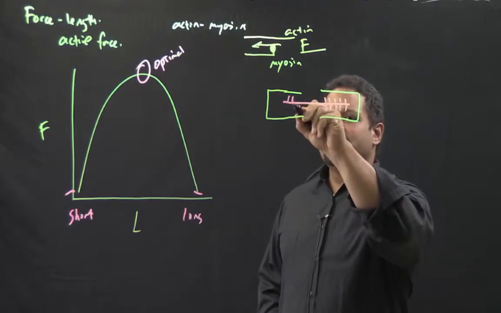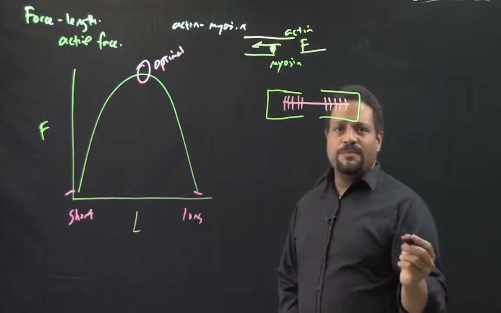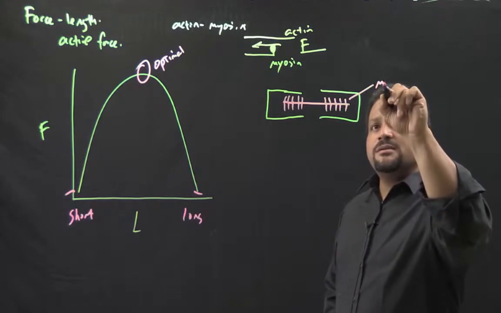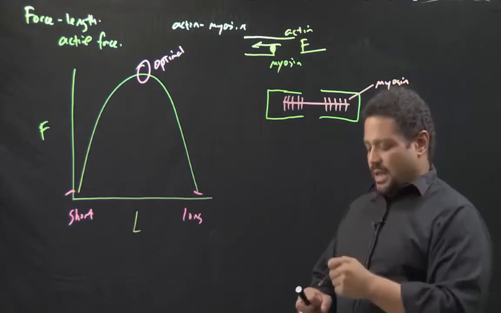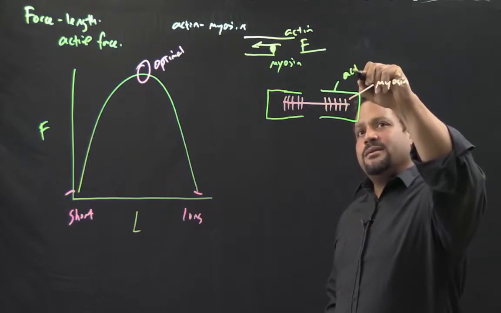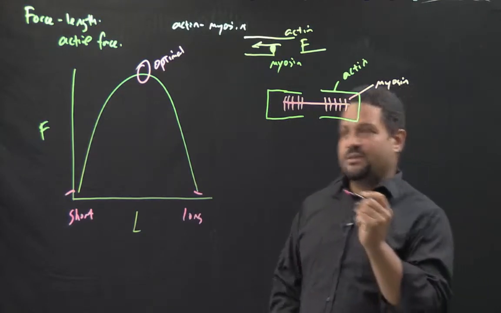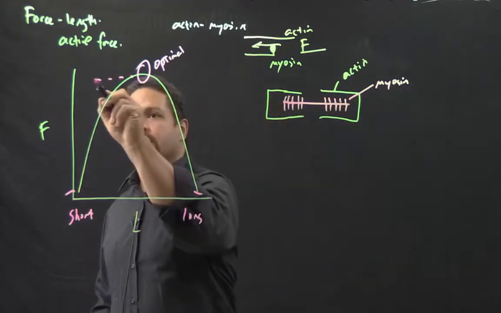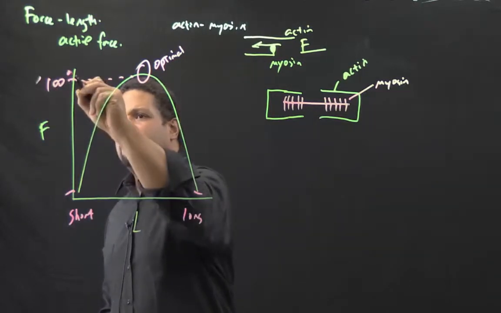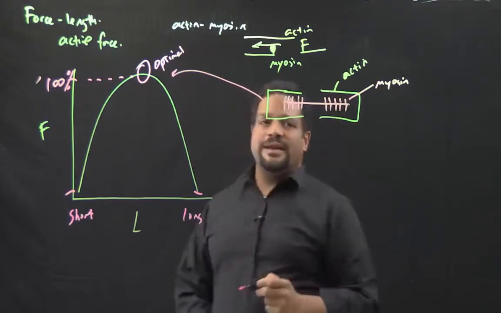So all of these are interacting. So we'll just look at this top part here, and this is the myosin. And this in this color is the actin. So you have 100% interaction. That's very clear. This is the optimal length.